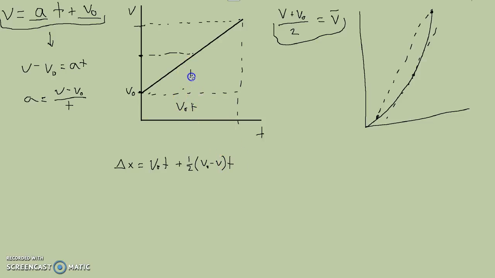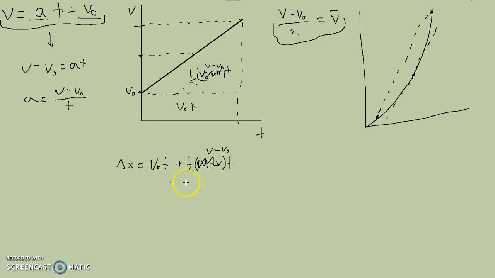So the area of this is 1/2 v naught minus v times t. The t again is the width, and I have it backwards, I guess. This would be v minus v naught. And this comes from the difference from the lowest part here to the highest part, so our starting velocity to wherever we ended up. So I've got these backwards.